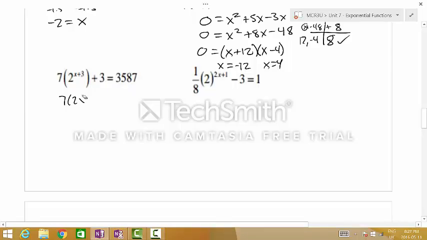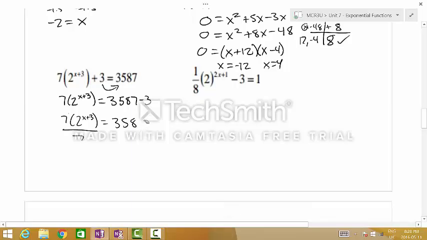So what we are going to do here is solve for that exponential number, that 2 to the x plus 3, by moving everything else over. So we're going to start by moving that positive 3 to the other side and subtracting 3.